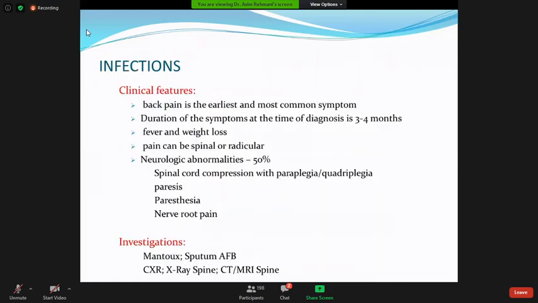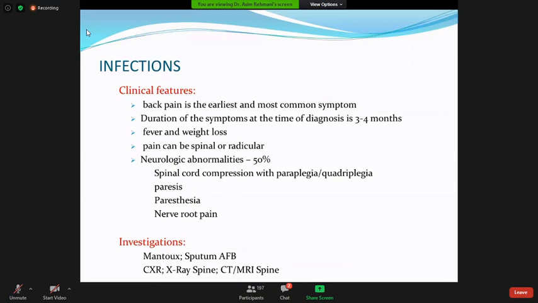So, the first feature of these patients is backache, which usually spreads over months. It may or may not be associated with low grade fever and weight loss.